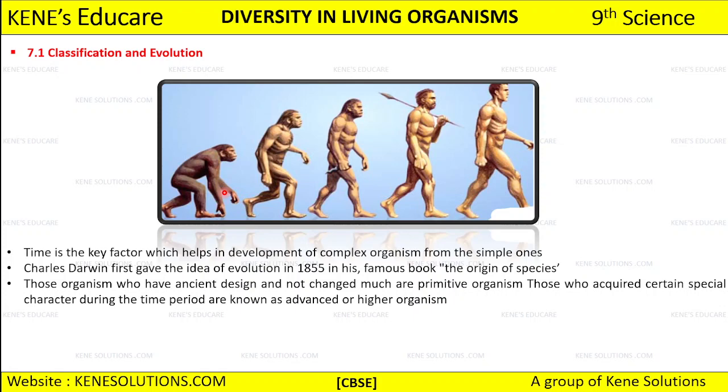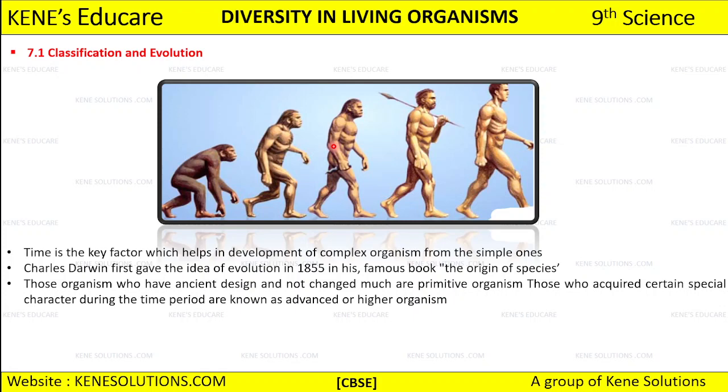The organisms with these ancient designs, where the posture of the body is bent, we now have a straight posture, but these organisms had bent postures. The organisms who have this ancient design and have not changed, we call them primitive organisms.